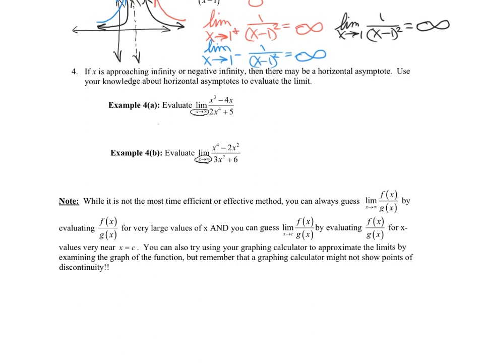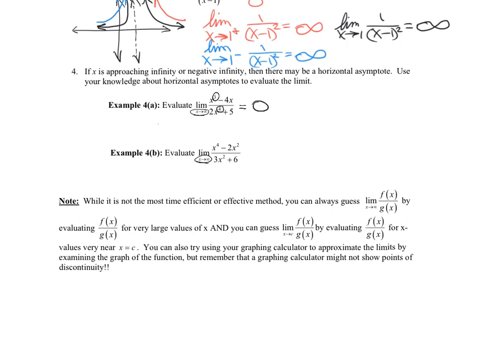In example 4a, the degree of the denominator, which is 4, is greater than the degree of the numerator, which is 3. When that happens, the horizontal asymptote is y equals 0, so that is what we say the limit is.